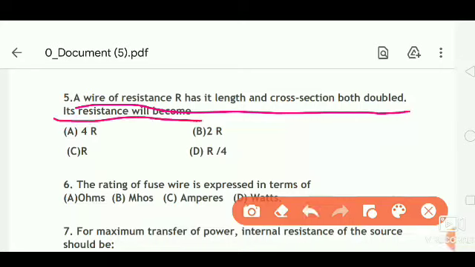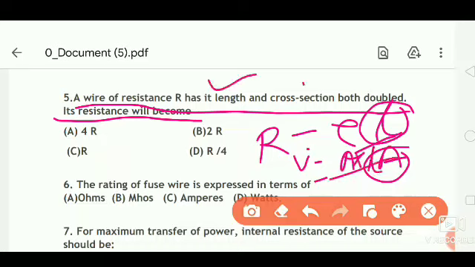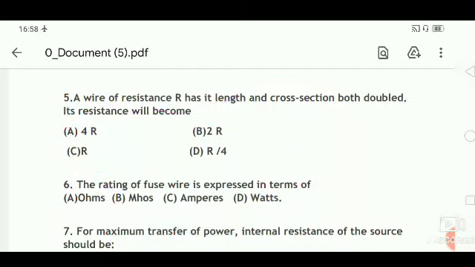We know that R equals rho into L by A. Here L and A are both doubled. Since the length and the cross-section area are both doubled, the resistance does not change; it remains the same. So option C is the answer.